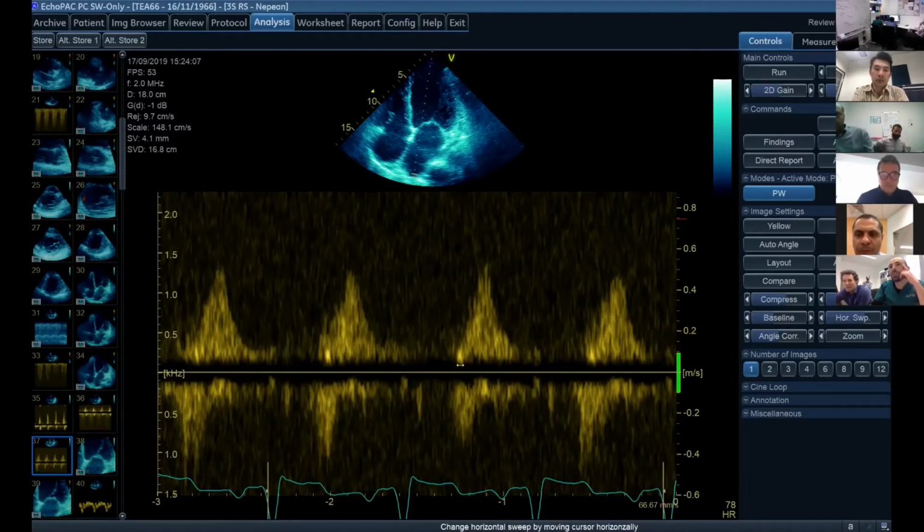So big S, smaller D, and then a little bit of A wave reversal. What we're seeing here is there's no systolic flow at all, because the severe mitral regurgitation stops blood coming into the atria during systole, and that's associated with moderate to severe. If you've actually got reversal of the systolic flow, that's absolutely associated with severe regurgitation. That's a better explanation.